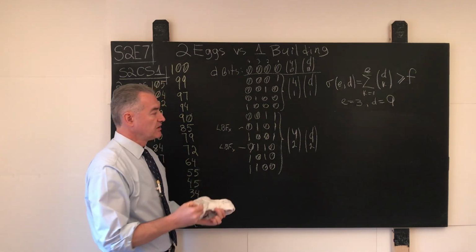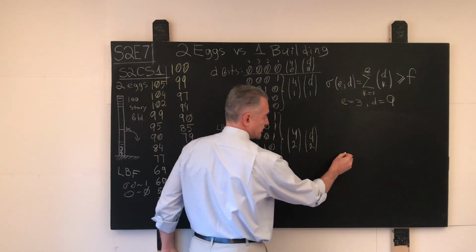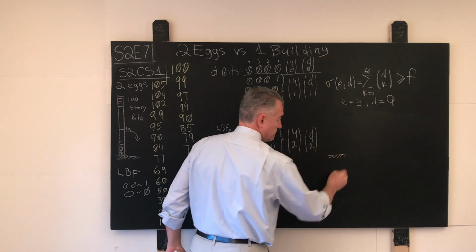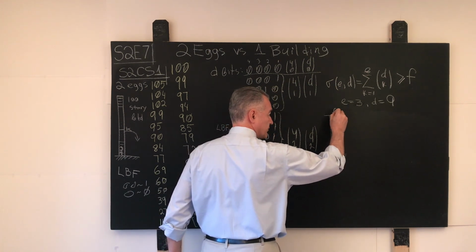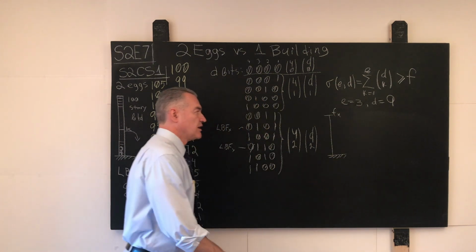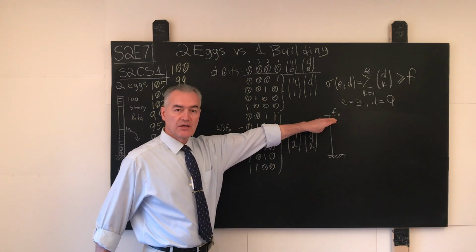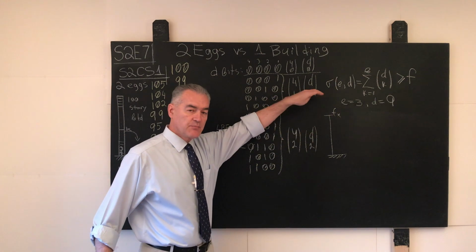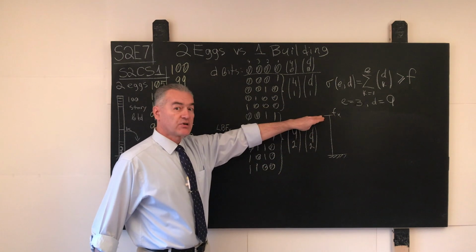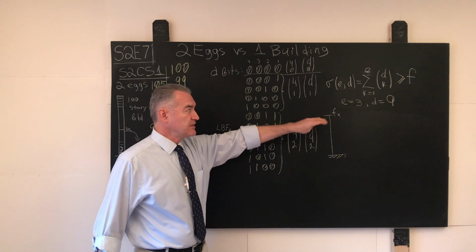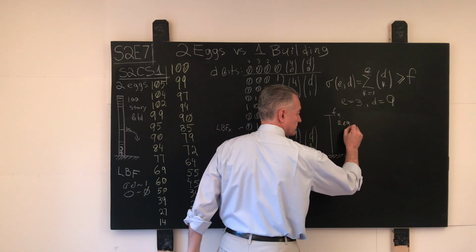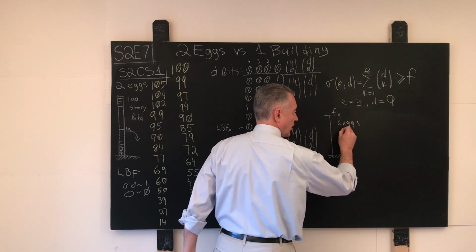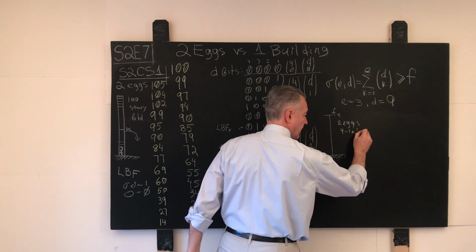Let's say this is our base floor, we drop the first egg from the floor f sub x. If egg number 1 does not break, we climb up somewhere, but if the egg breaks, then what? That means that we will have 2 eggs, and how many drops? 9 minus 1, 8 drops left.